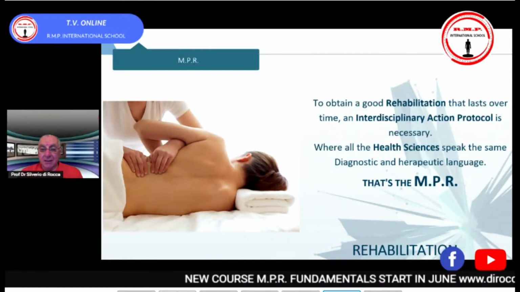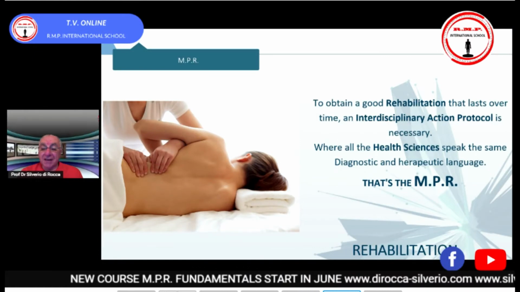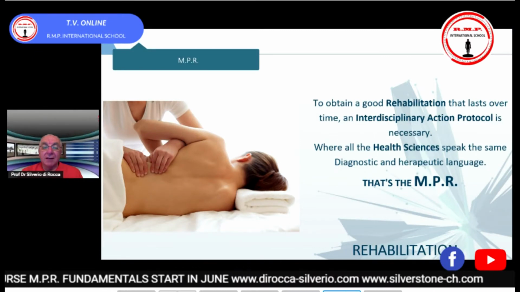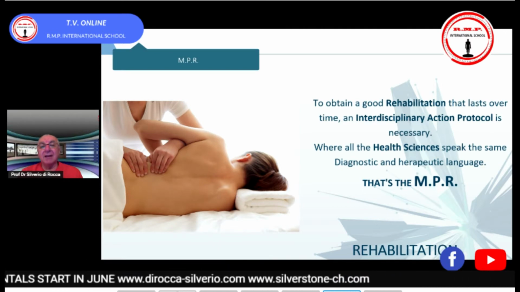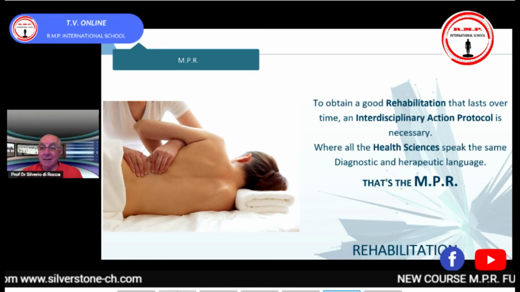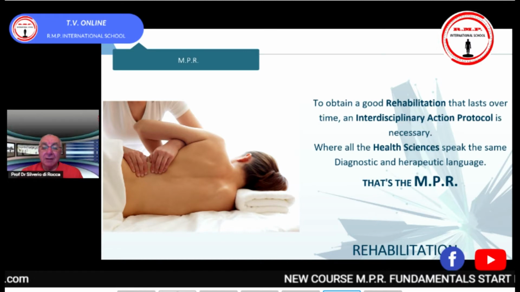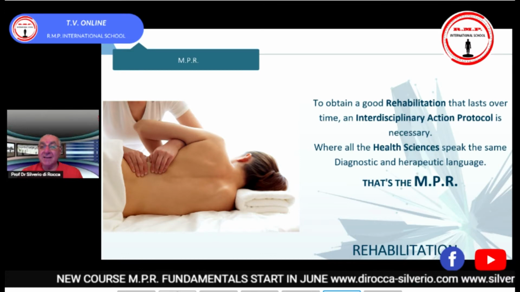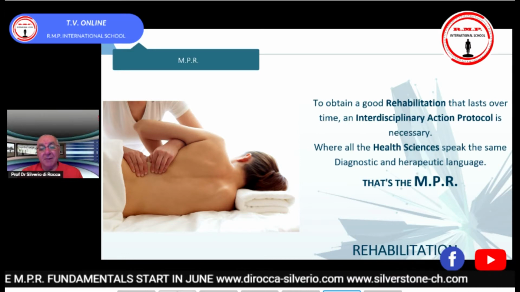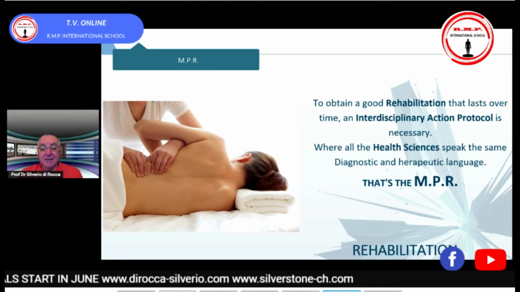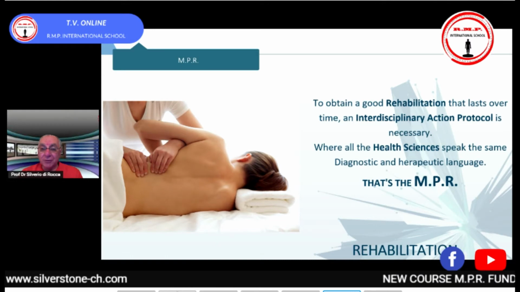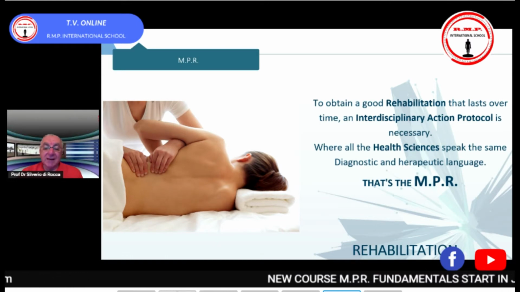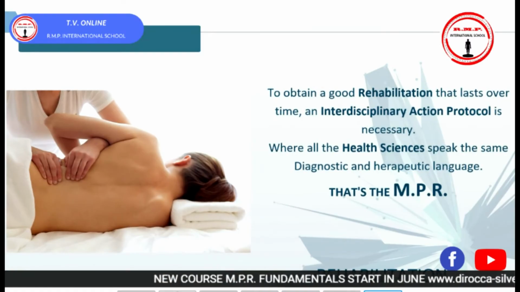To obtain a very good physical rehabilitation, we need an interdisciplinary protocol of action. This is absolutely necessary. And that is only possible if the whole medical science speaks the same diagnostic and therapeutic language. That is absolutely MPR. This is the concept of MPR.